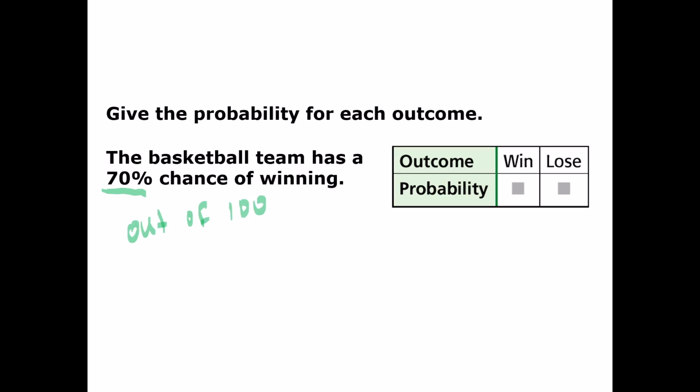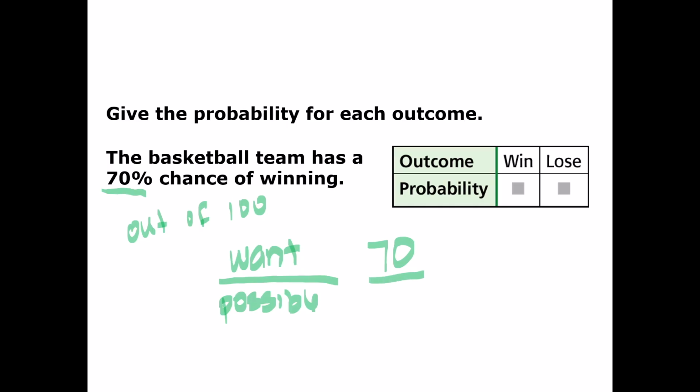So when we're setting up our ratio, we're comparing what we want, the desired outcome, to what is possible. We want to win, and there's a 70% chance of winning out of a possible 100% chance. So that gives us a 7 out of 10 chance of winning.